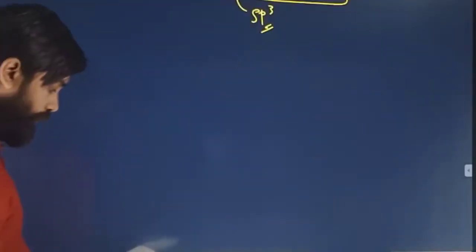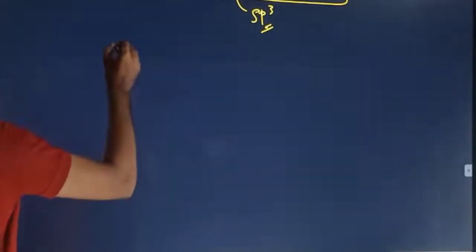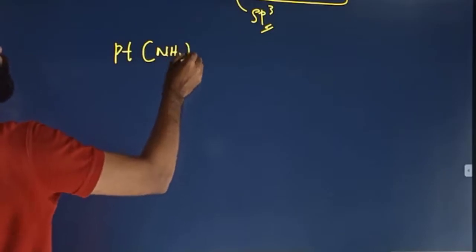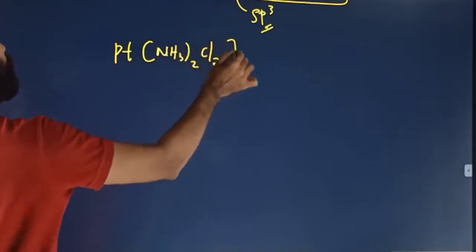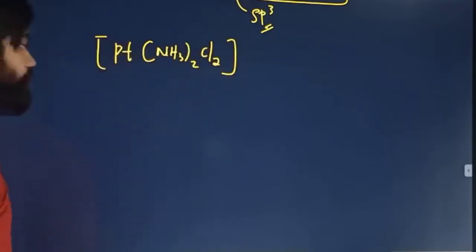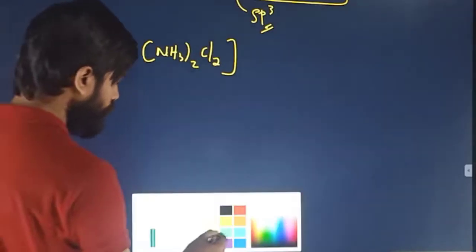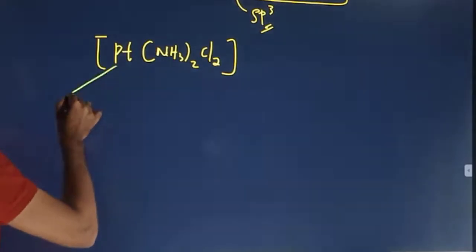Okay, moving to the next example, that is Pt(NH3)2Cl2. Okay, fine. The central atom is platinum.